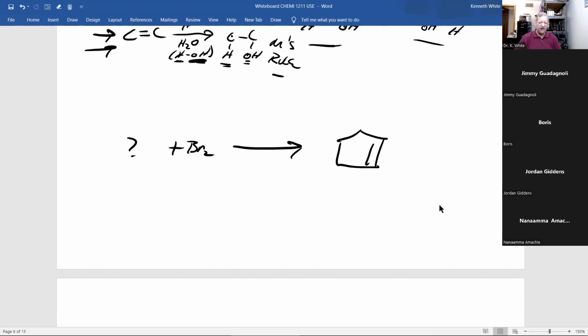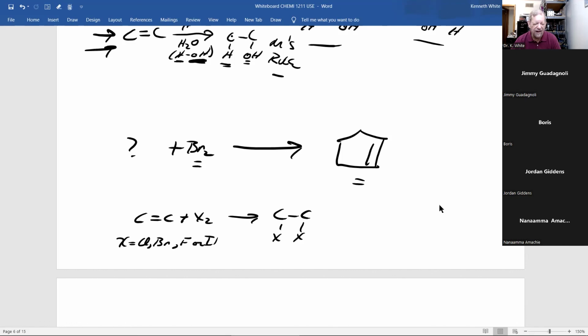All right, one other thing while I'm on a roll here. What would be the starting material used to react with bromine, Br2, to make this? Now, I'm going to help you out, but tomorrow you shouldn't be helping yourself out. You should be memorizing these. And it's your turn.